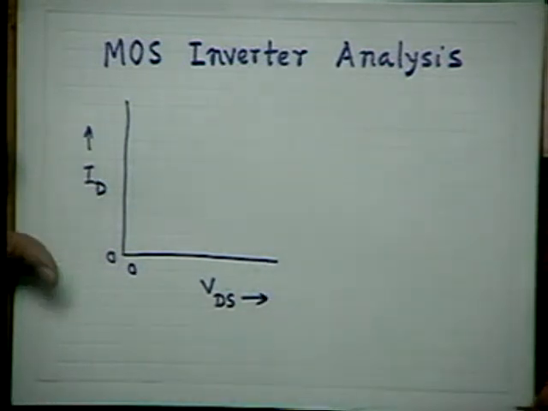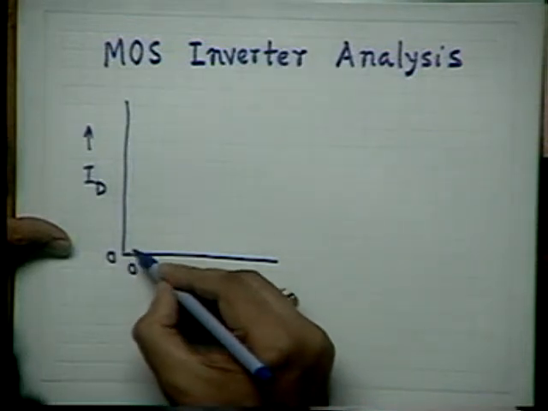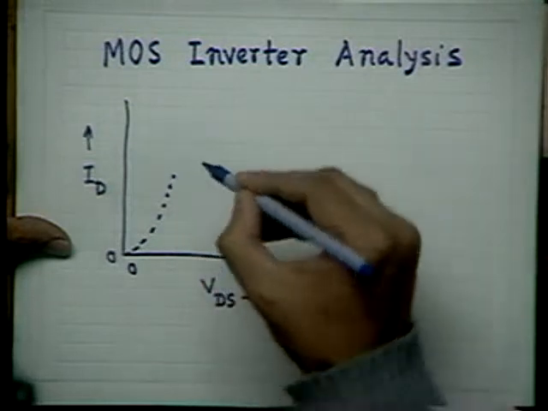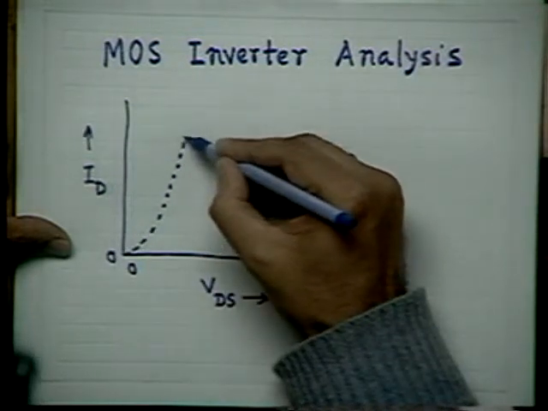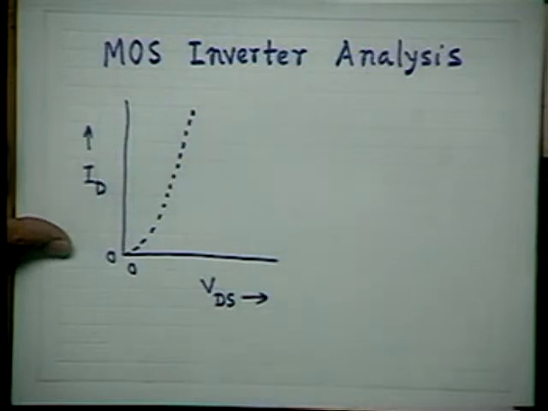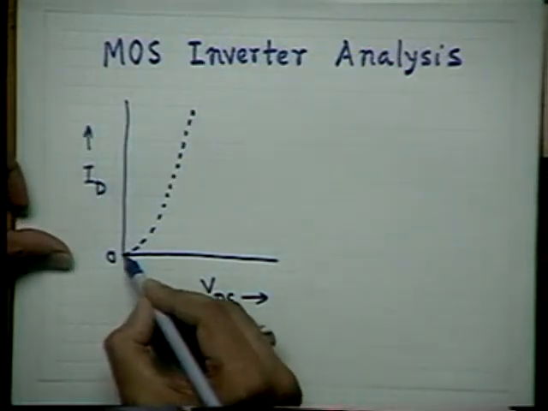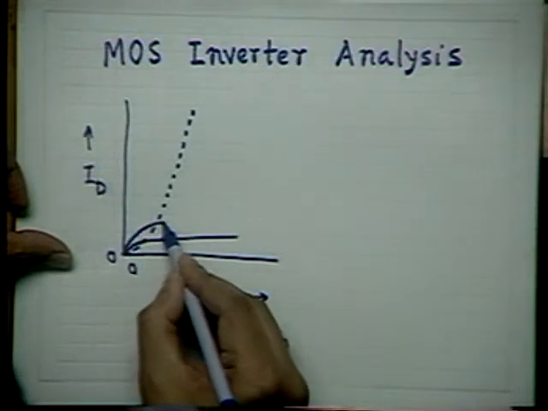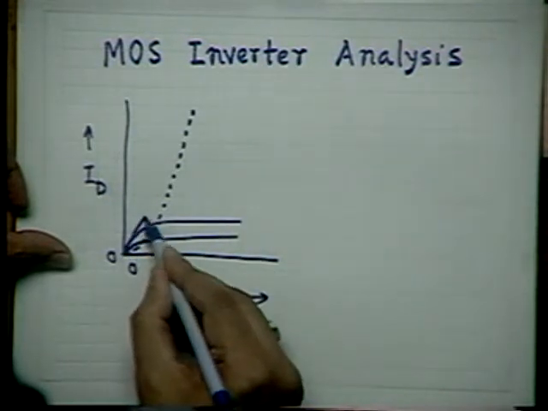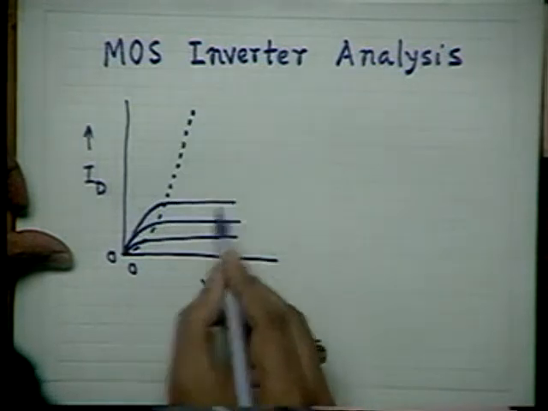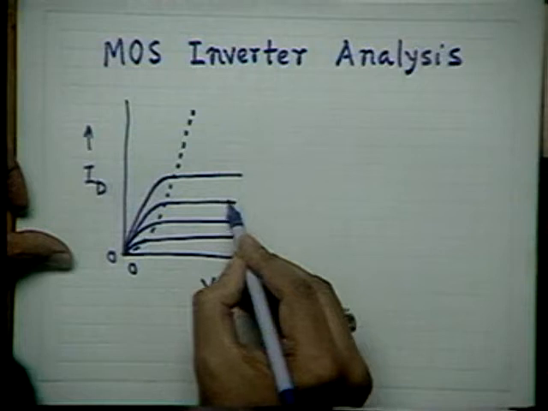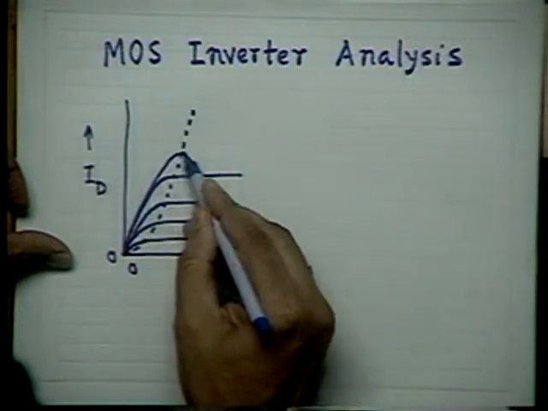One is called saturation, the other is non-saturation or linear region. And the two are divided by a parabolic, or rather a power law relationship like this. So we have characteristics something like this, maybe something like this.